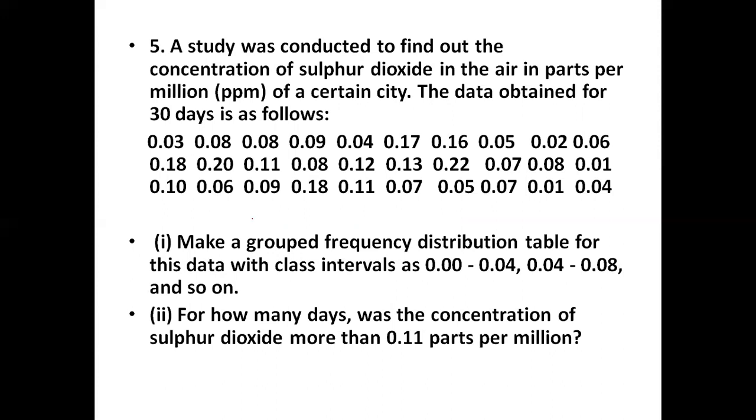So what we are supposed to do is, we will draw the table. We need to see which will be the highest value. The highest value here, if we see, is 0.22.